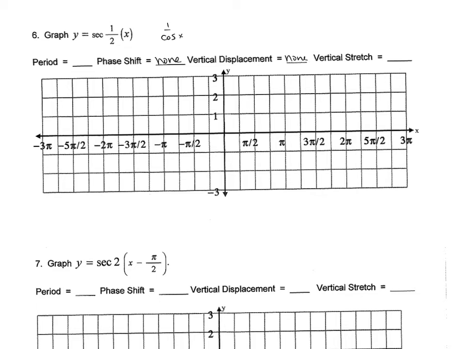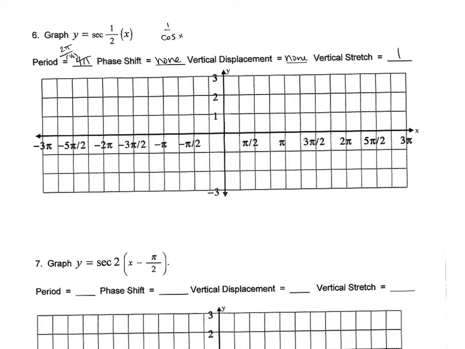My vertical stretch is I just have an amplitude of 1 as normal because the 1/2 is no longer out in front of the function. Now it is inside the function, so that's going to affect my period. So that is 2 pi divided by 1/2. So that is 2 pi times 2, which equals 4 pi.